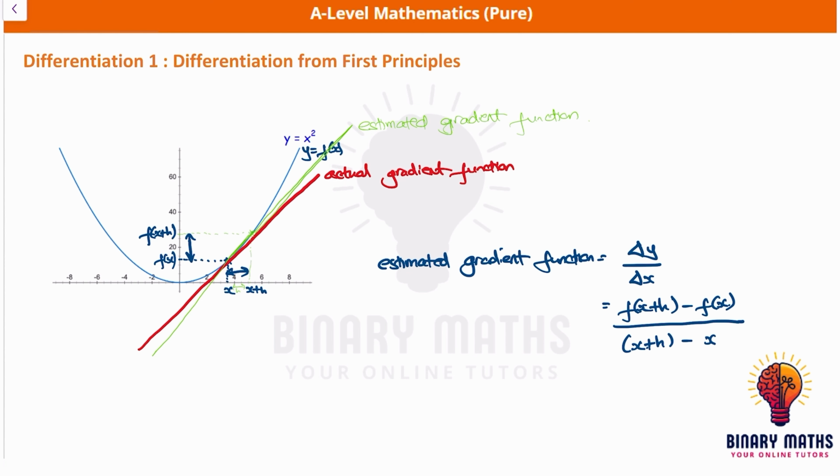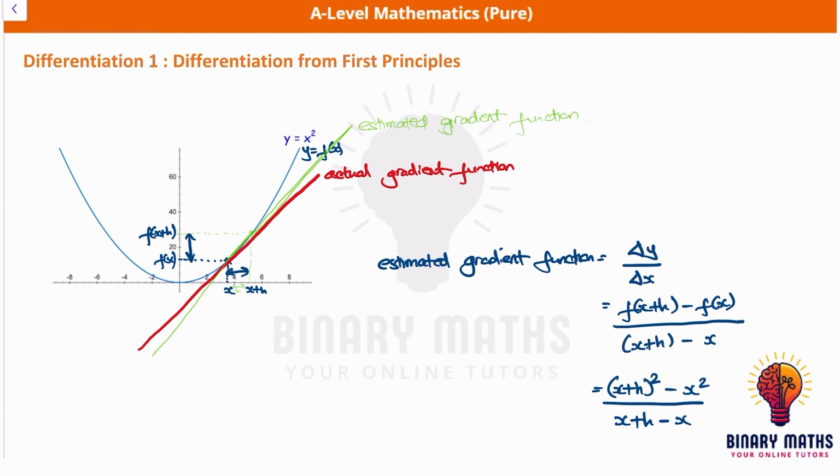Now if you simplify this, remember y is equal to x squared, so that is the same thing as x plus h squared take away x squared. Now the x plus h squared we get by replacing the x in y equals x squared with x plus h, all over x plus h take away x.